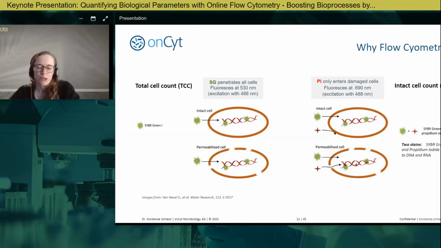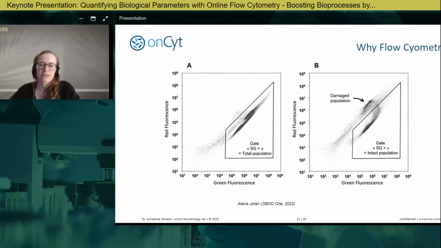Permeabilized or damaged cells will then be red because of the PI and also a little bit green because of the SYBR Green. For all types of staining, there's always some biological mechanism underlying it that you exploit to get a good signal in the flow cytometer.